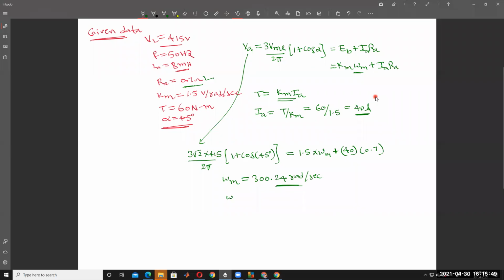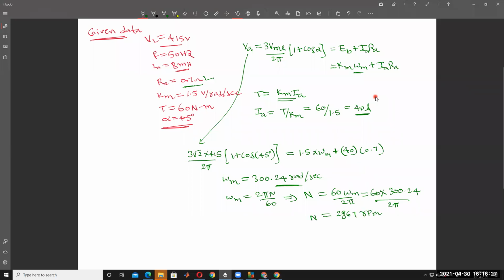You know well, omega m is equal to 2 pi N divided by 60. From this relation, you will get the speed N, which is 60 into omega m divided by 2 pi. That is 60 into 300.24 divided by 2 pi, which is equal to 2867 RPM.